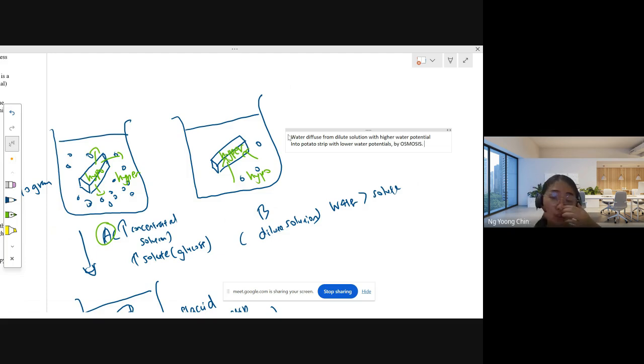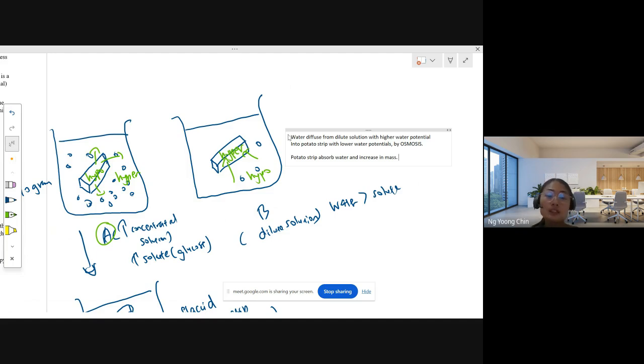This is the answer that you should write in the exam. So the potato strip absorbs water, and they will gain weight. They will increase in mass.